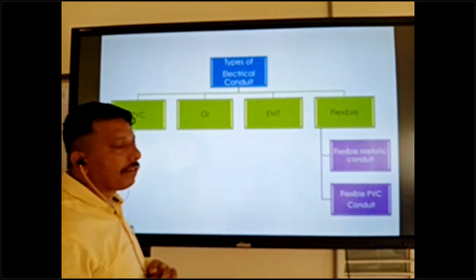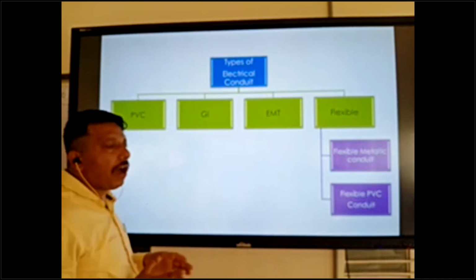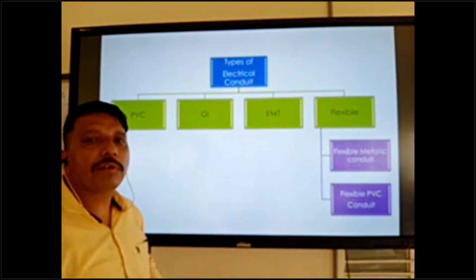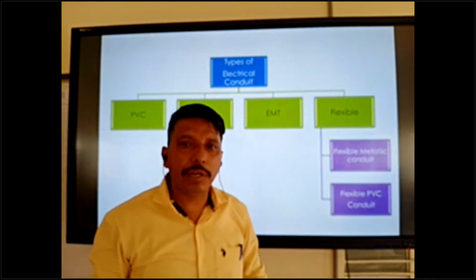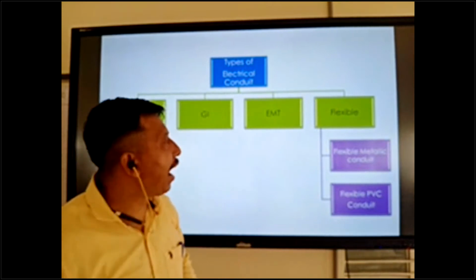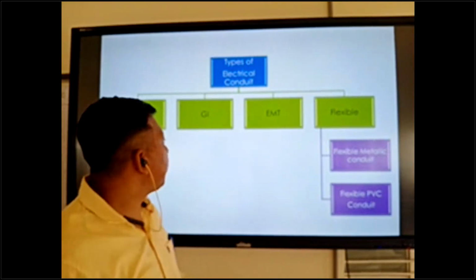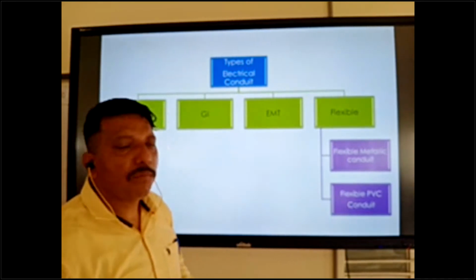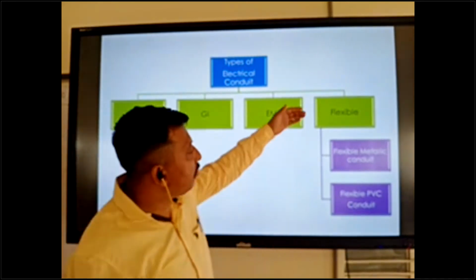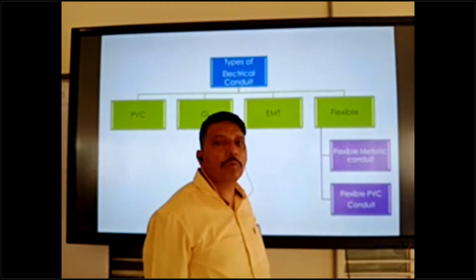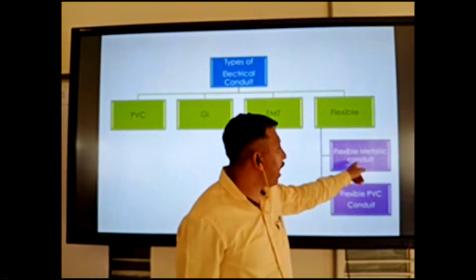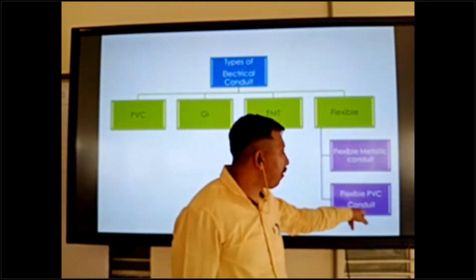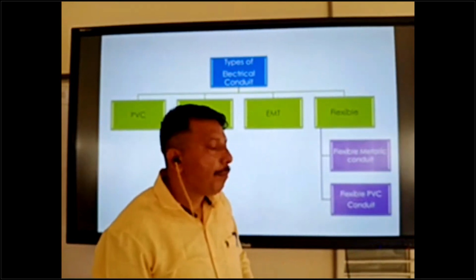So in this slide, you can see we have 4 types of electrical conduit: PVC, GI, EMT, and flexible. And flexible also has 2 types: flexible metallic conduit and flexible PVC conduit.